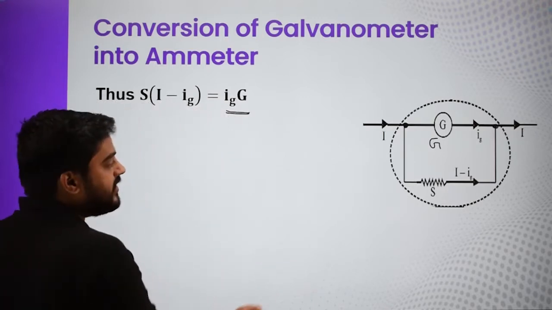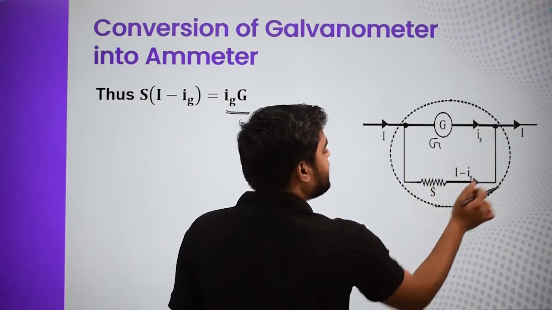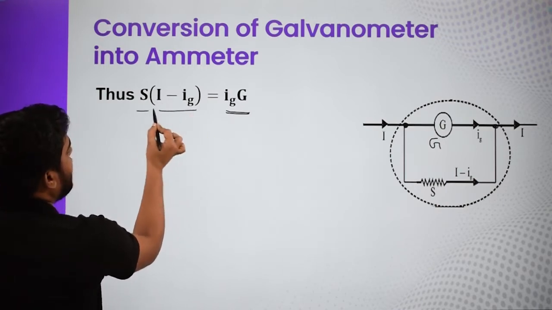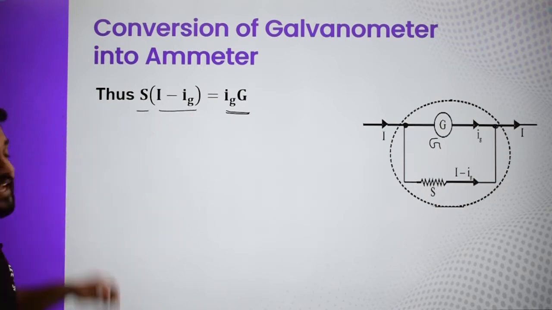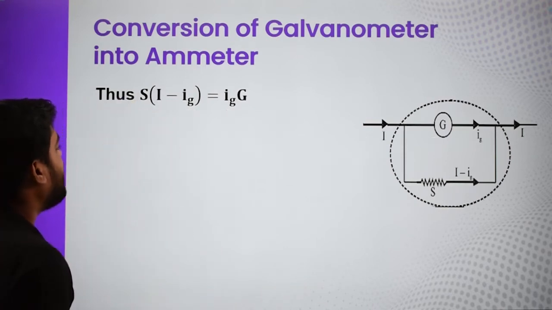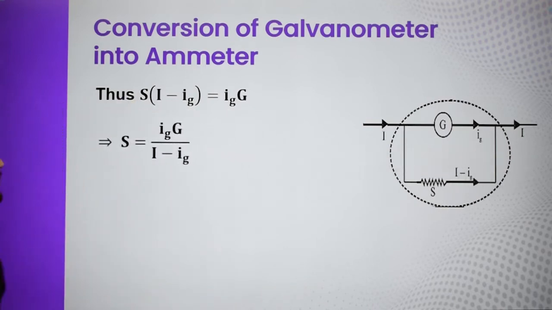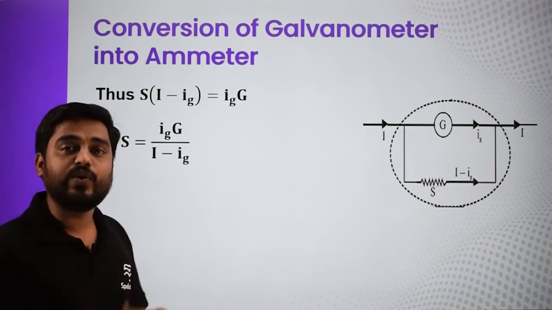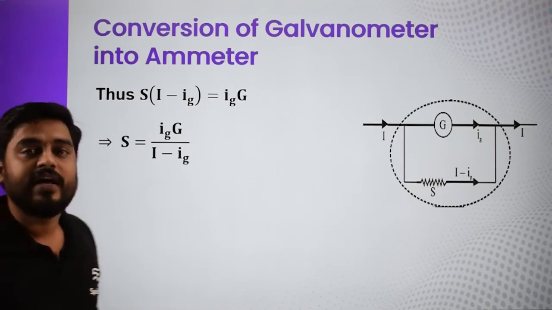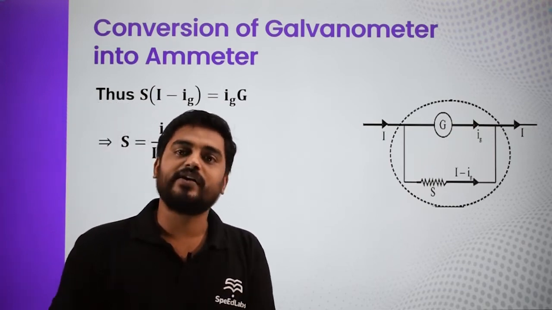Now, the rest of the current, I minus Ig, into S, where S is the shunt resistance. If we solve this equation for S, then we get this equation. This is how we know how much the shunt resistance has to be if we want to convert a galvanometer into a wanted ammeter.